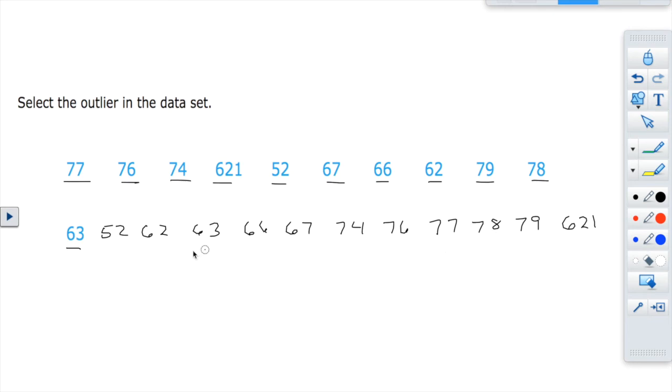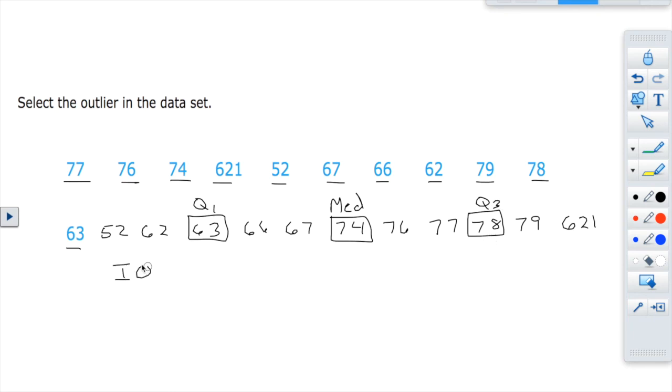We have 11 numbers, so our 6th number will be the median. I have 5 numbers in my lower half, so my Q1 is the 3rd number, which is 63. And the 3rd number in my upper half is going to be my Q3, or upper quartile.